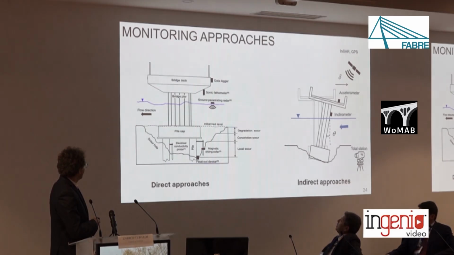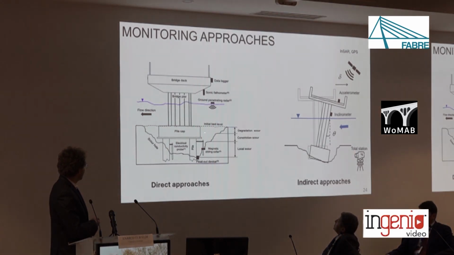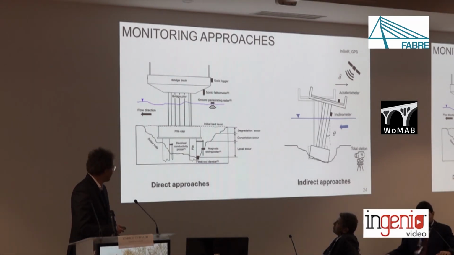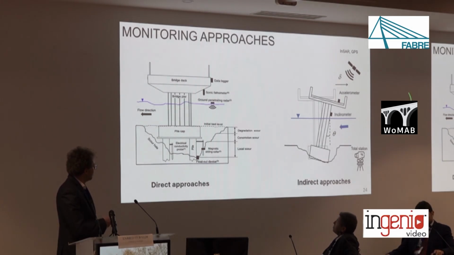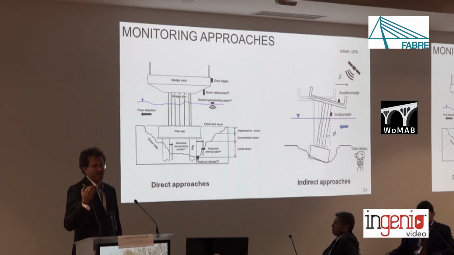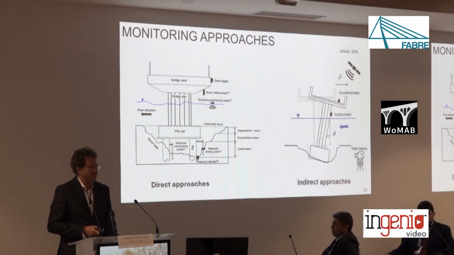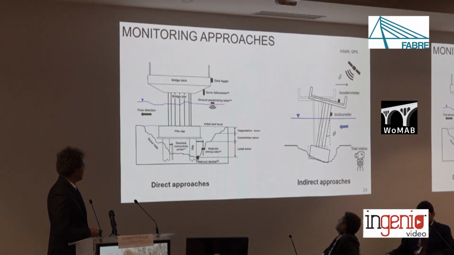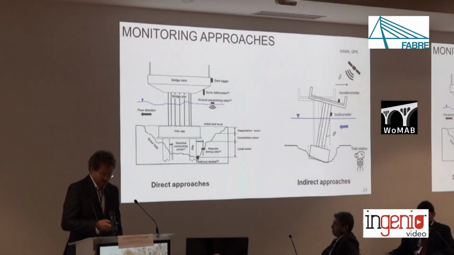They can be ground penetrating radars or sonars, magnetic sliding collars, float-out devices, or scour probes, as you will see later. But then there are also indirect approaches which measure the effect of scour on the superstructure in terms of, for example, displacements at deck level, or rotations, or change in vibration frequency due to scour.